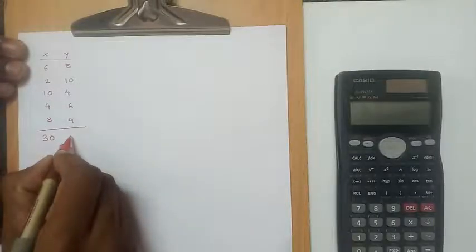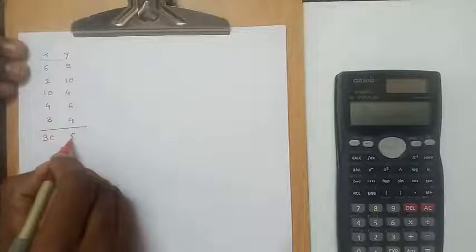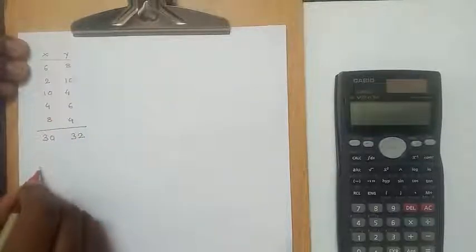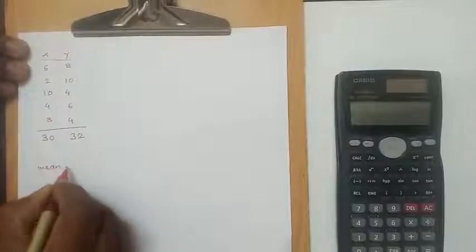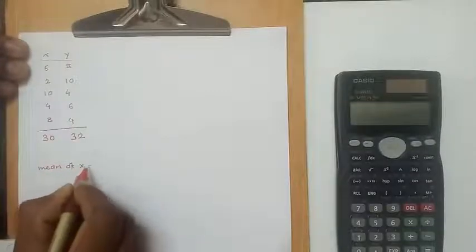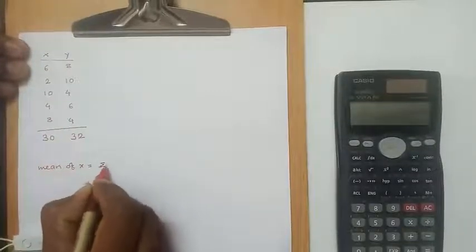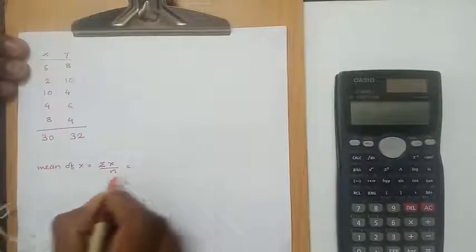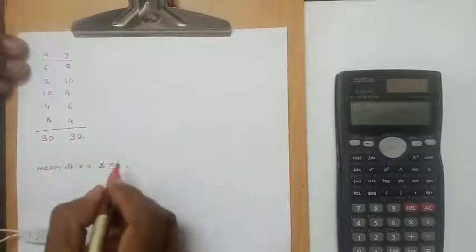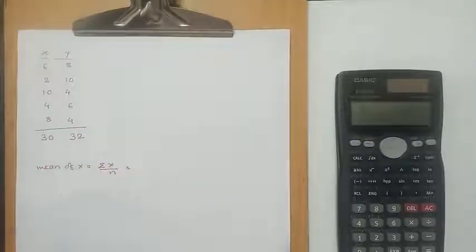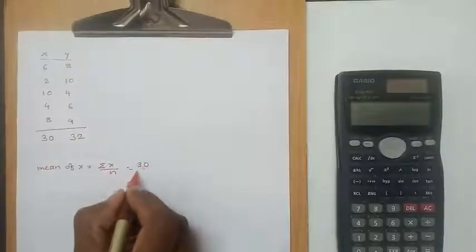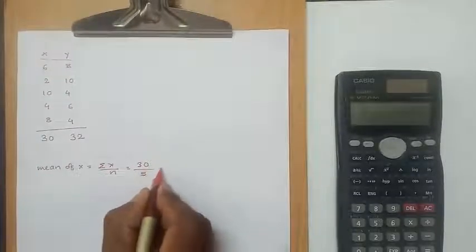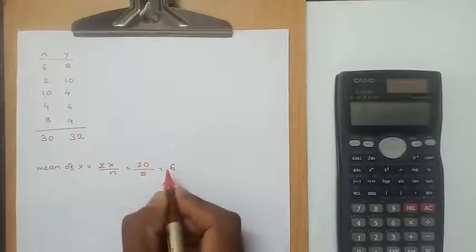For y we have 32, so we can calculate the mean of x equal to summation x divided by n. So summation x is 30, divided by 5 observations, so it is 6.